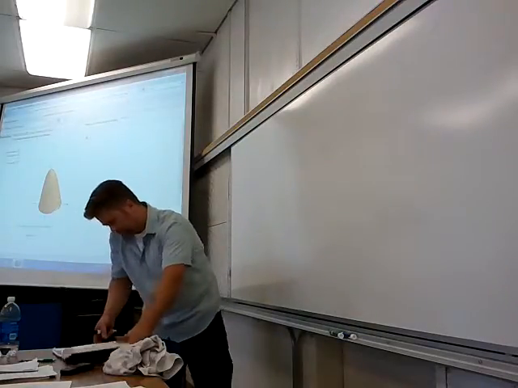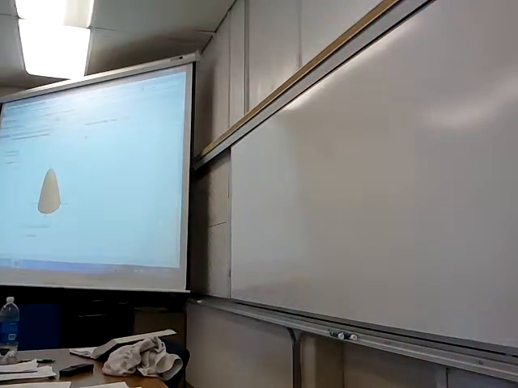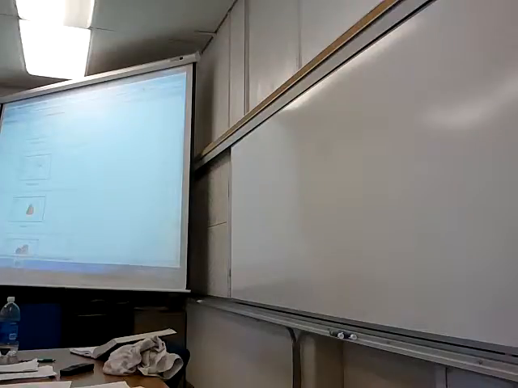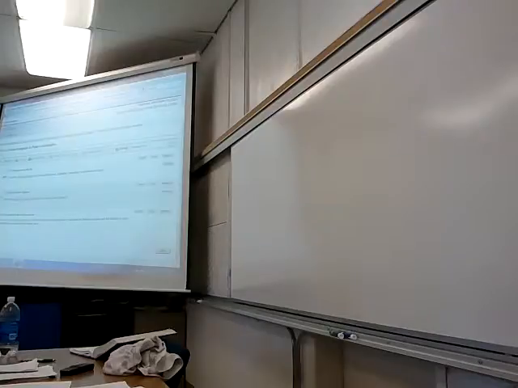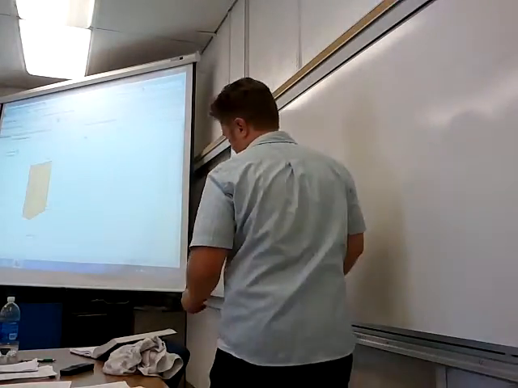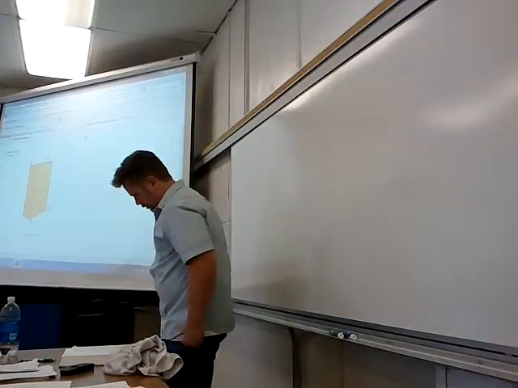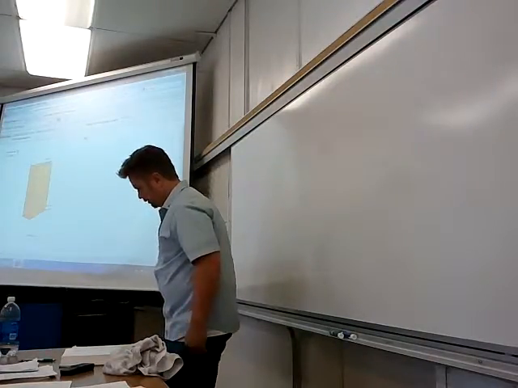Oh, here's perfect. Example 2 in section 13.4. Find the volume of the prism V in the first octant.